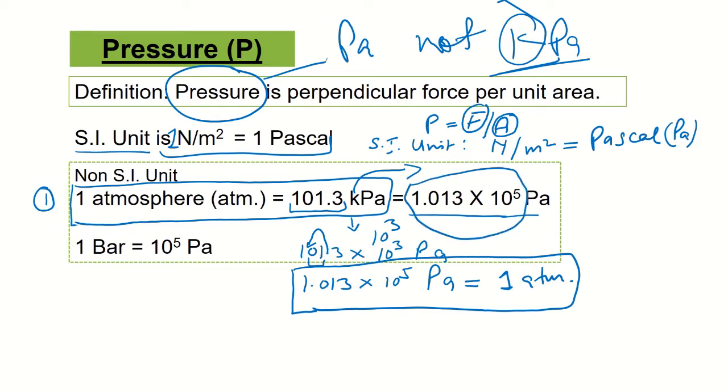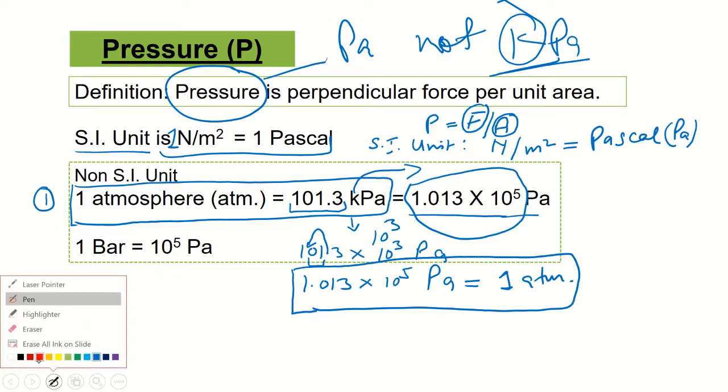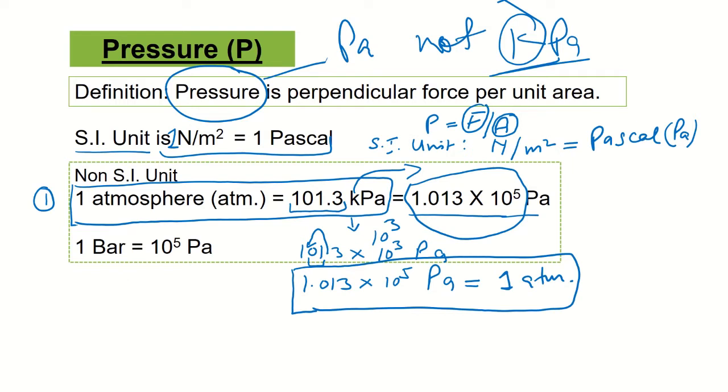For example, if the value of the pressure is 5 atmosphere, we cannot use this, because atmosphere is not the standard unit.